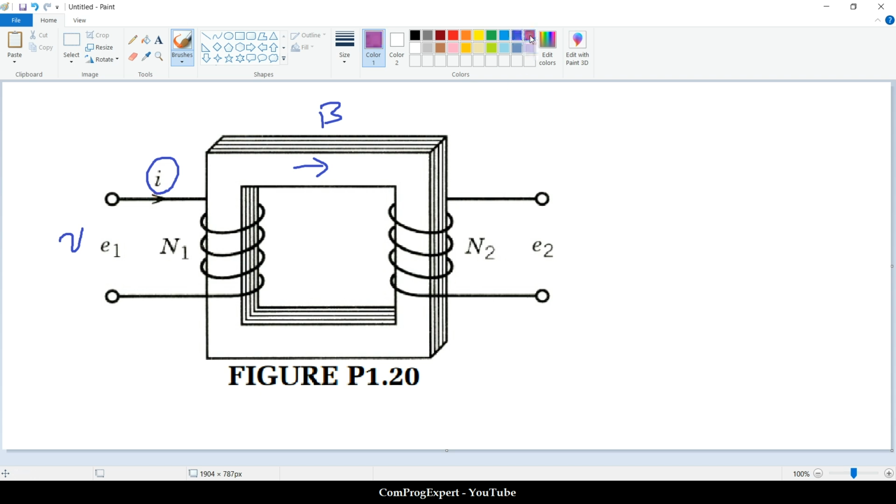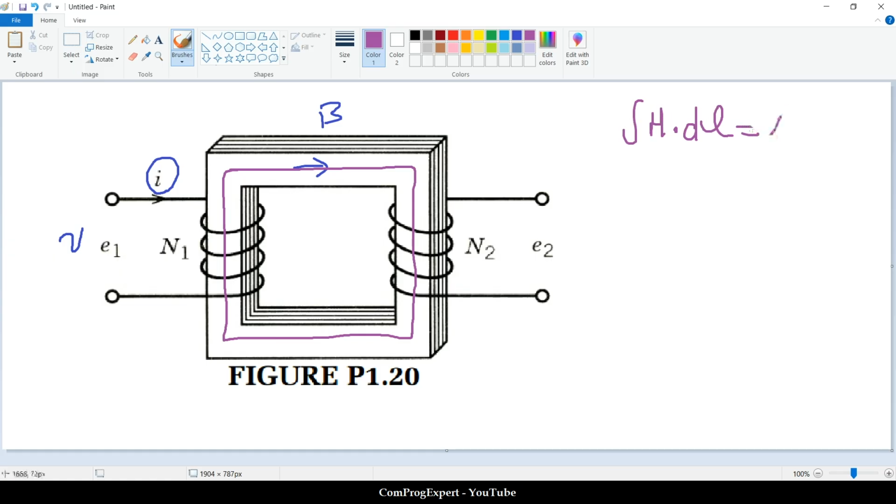If we consider this mean flux line in the core, you remember, we can write this equation: integral of H dot dl is equal to N1 I1 in this case. So if we consider uniform field and simplify this integral, we can write H times L core is equal to N i.